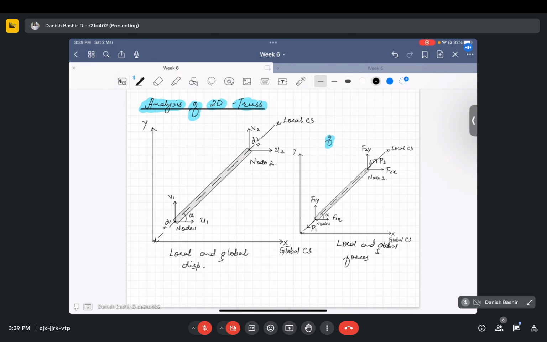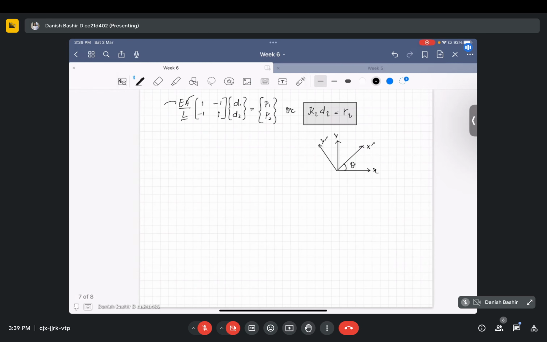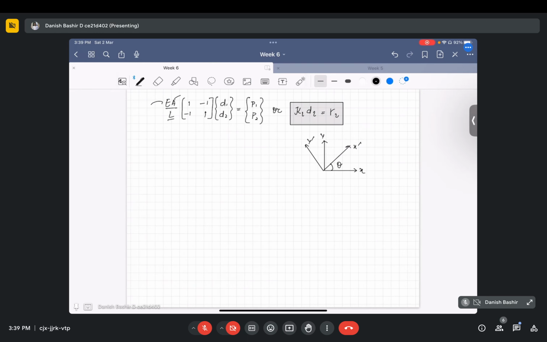We have x and y, and this coordinate system is rotated by some angle alpha to get the small xy, the local coordinate system. So we can write the transformation: small x y equals the transformation matrix [cos alpha, sin alpha; -sin alpha, cos alpha] multiplied by the global coordinates x y.